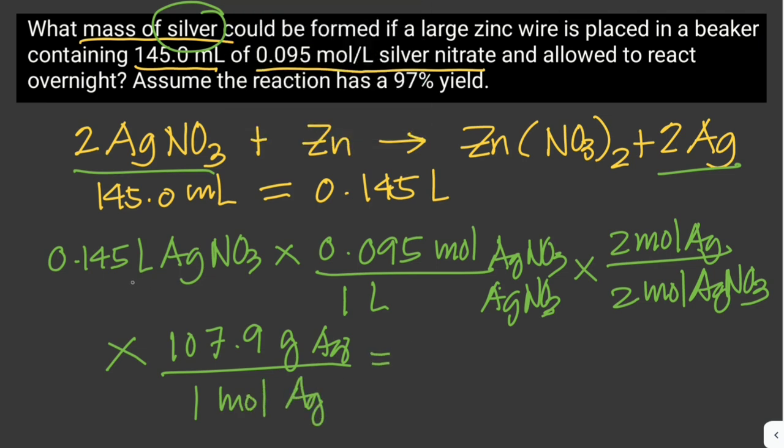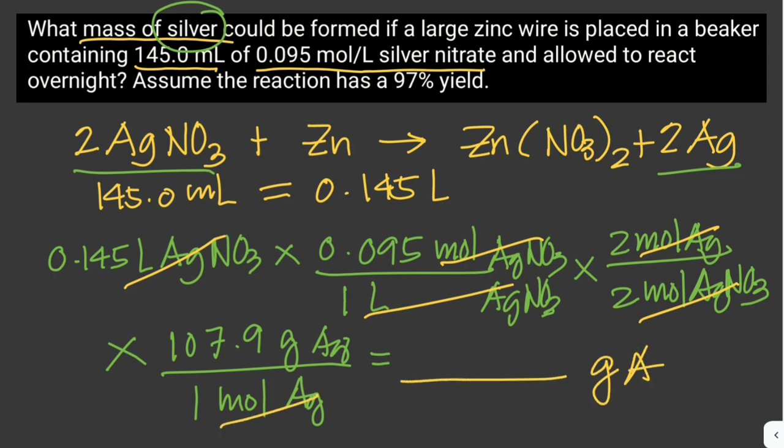Liter cancels out. Moles of silver nitrate cancels out, as well as moles of silver. Then we're left with grams silver. So this is the expected value or theoretical yield. Let's calculate that, and this would give us approximately 1.49 grams of silver.